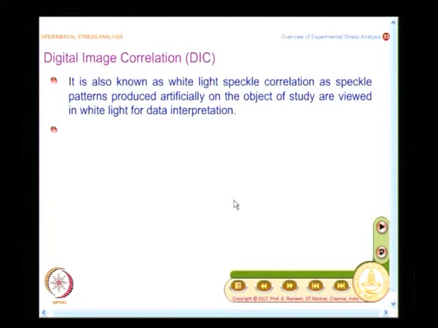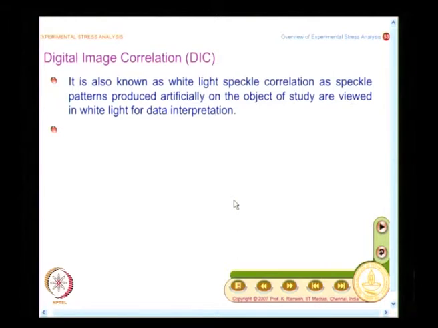You know, the name itself is very interesting: image correlation. We have seen in the previous methodology that there was also some other type of correlation taking place between the reference signal and your thermoelastic response, and this uses speckles, called white light speckle.